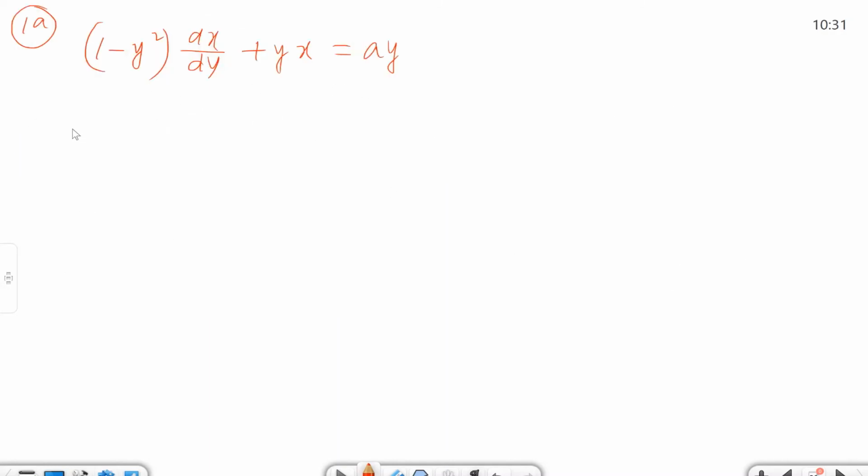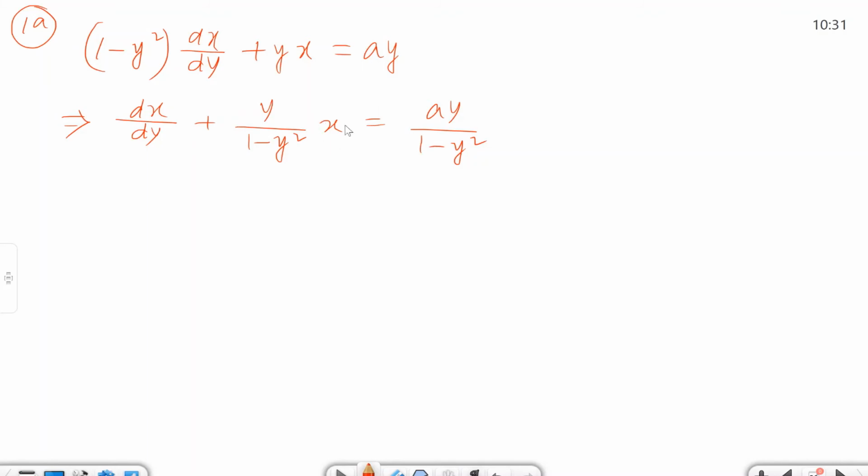Okay, so first find it in standard form. This implies dx/dy plus y over 1 minus y square into x is equal to ay over 1 minus y square, and obviously this is a standard linear differential equation in x.